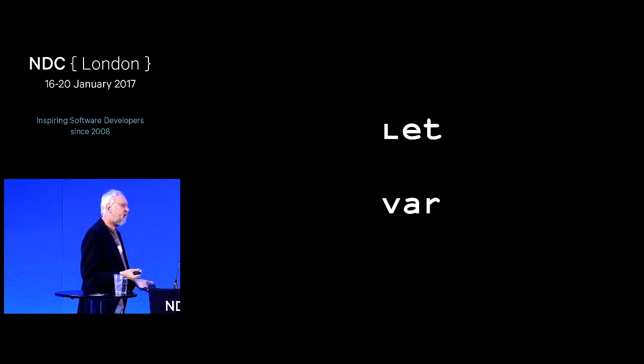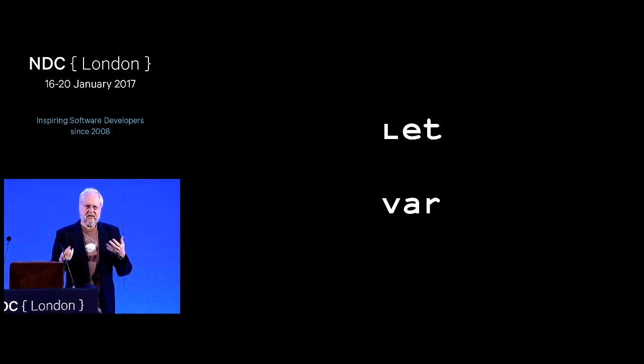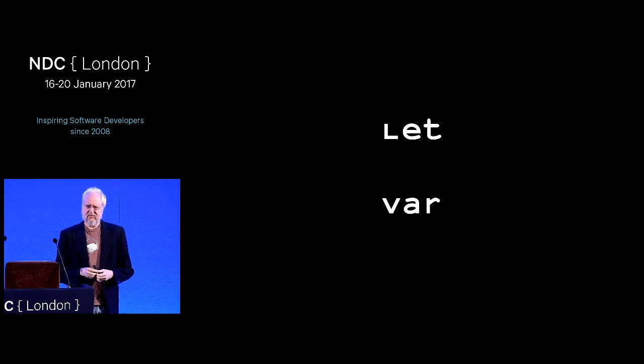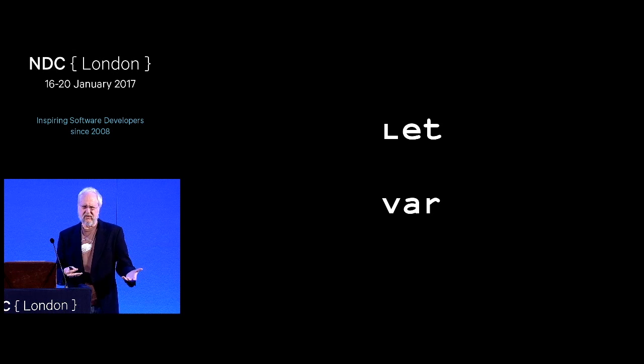JavaScript gives us let and var, at least since ES6. They both do the same thing. They both declare a variable and a function, which you definitely want to be doing. But it's confusing having 2 of them. And I've seen people argue, well, you should use var in this case and let in that case. And I go, no, you don't want to be doing that.